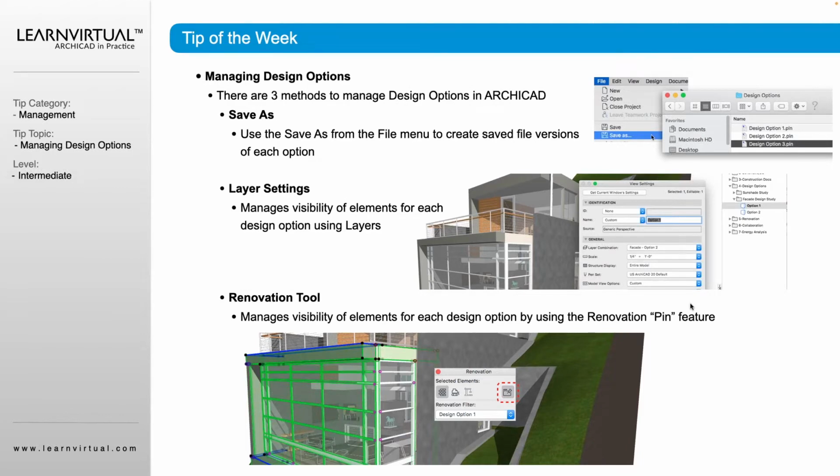And the way that I would like that to happen is through our layer settings. Okay, let's back up here. So let's talk about the three different methods. So we can do a save as and create a saved file version for each option. So you would end up with 3 separate PLNs, right?